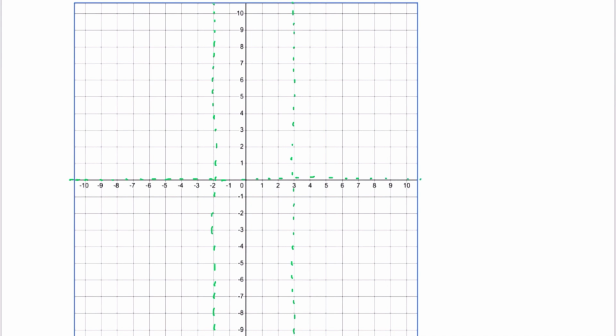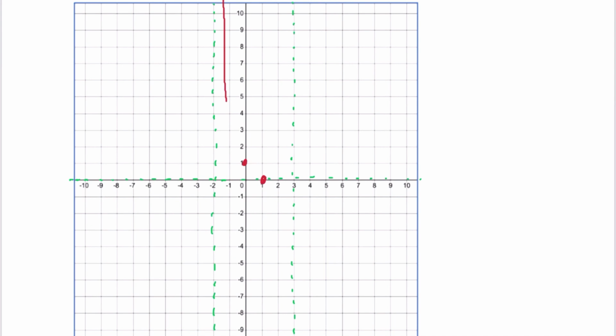We did not have any holes in the graph, but we do have x and y intercepts. They were both 1. And using those 2 points, we can get an idea for what's happening in the middle.